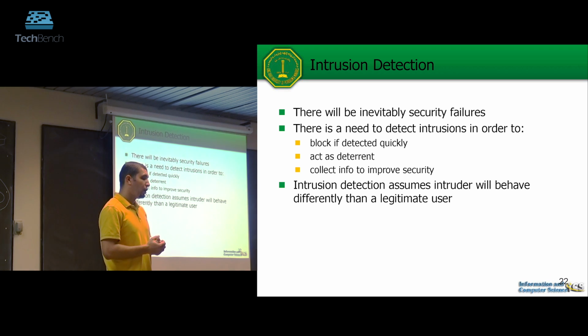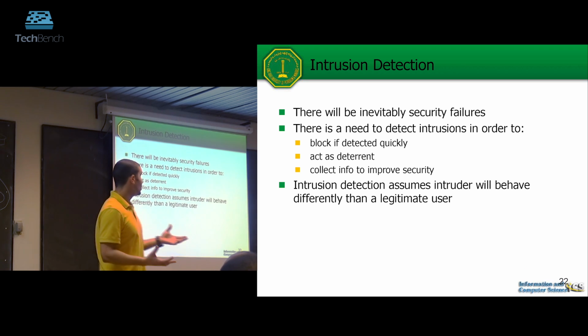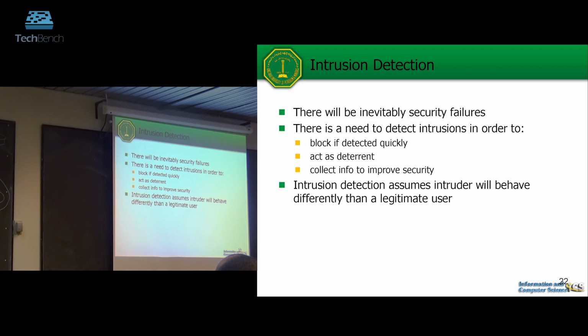For example, if you suspect that there will be ARP poisoning, it is based on the fact that the attacker will flood the victim with a lot of fake ARP mappings at the same time. So you can have a kind of pattern, a model for such an attack, and you can detect it.